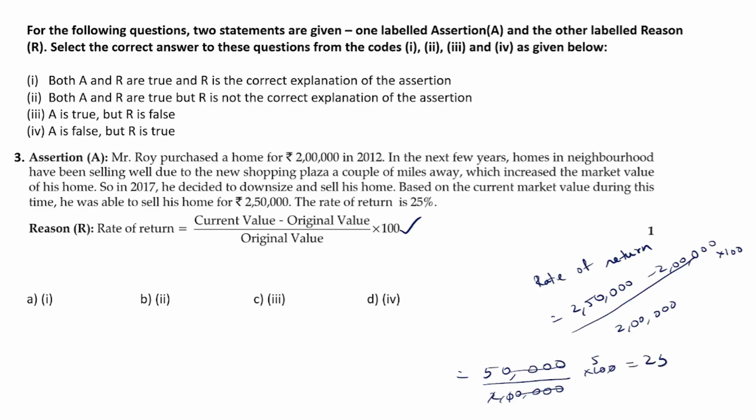So this is equal to 25%. So the rate of return is 25%. So we have both A and R are true and R is the correct explanation of the assertion. So the correct option is option A.